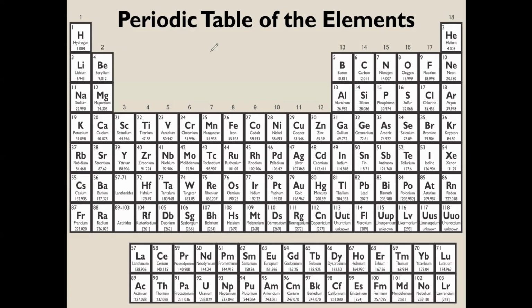What is the trend of the atomic radius over the same period? I will consider period number 2 as an example. Every element in the same period has the same number of shells. Period 2 has 2 shells.